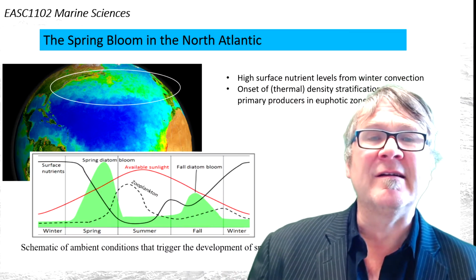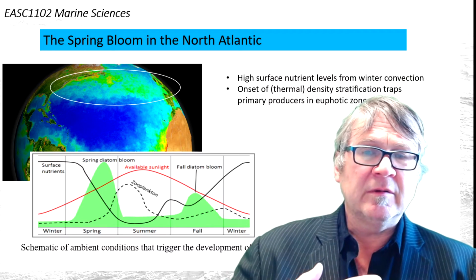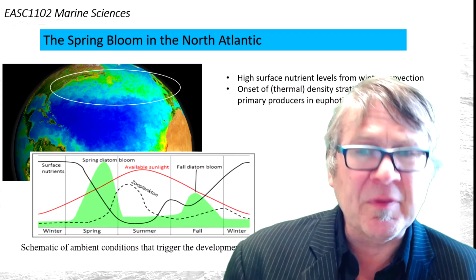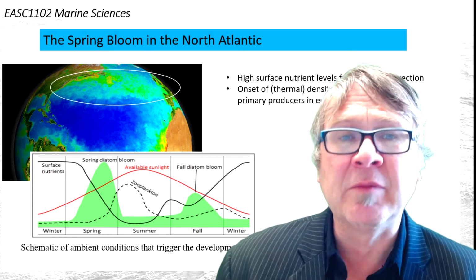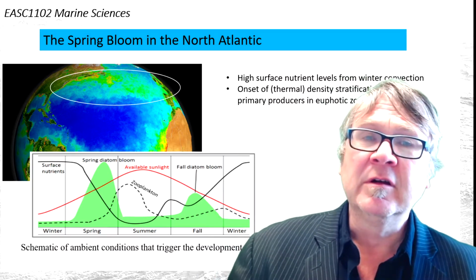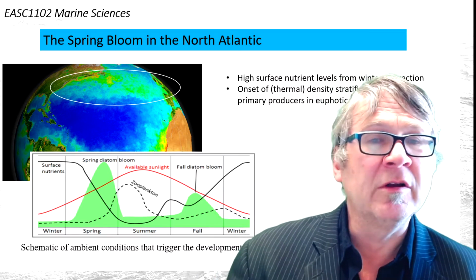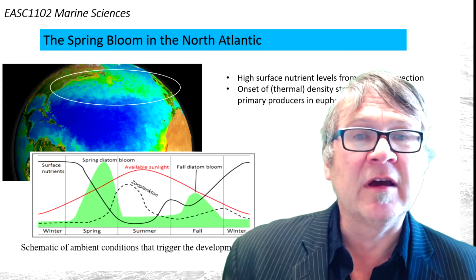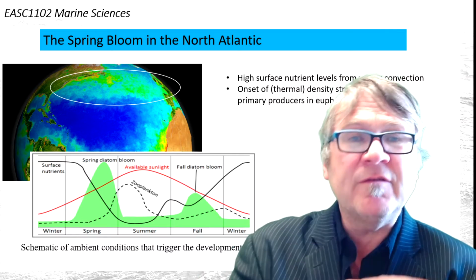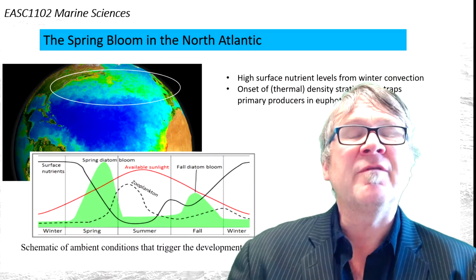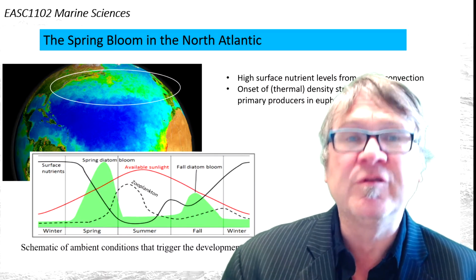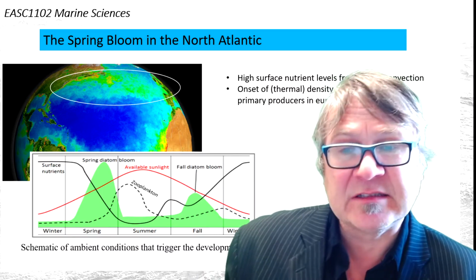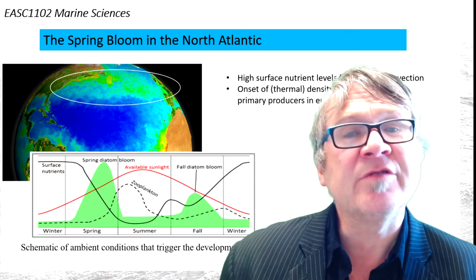So from one situation where your plankton spores are the parts of the plankton that actually start the plankton blooms, where they are mixed over 1,000 meters, so only spend a little time within the euphotic zone, to a time where you have a constrained surface mix layer, and you have mechanisms that you have enough nutrients within that surface mix. And the nutrients come from the winter convection itself. That's why there are high nutrient concentrations to start with.